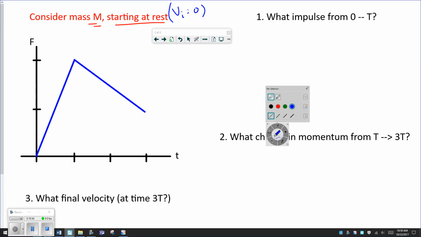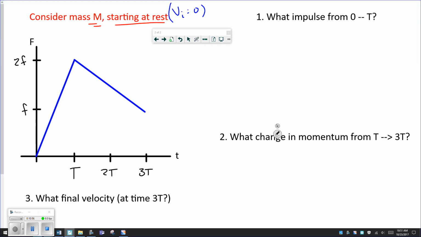And I'm going to sort of arbitrarily say here's a force F, here's a force 2F, here's a time capital T, a time capital 2T, time 3 capital T. And we want to be able to identify some things in general here. So, number 1, what's the impulse during the interval time equals 0 to time equals capital T? What's the impulse? Now, this is a graph of force versus time.